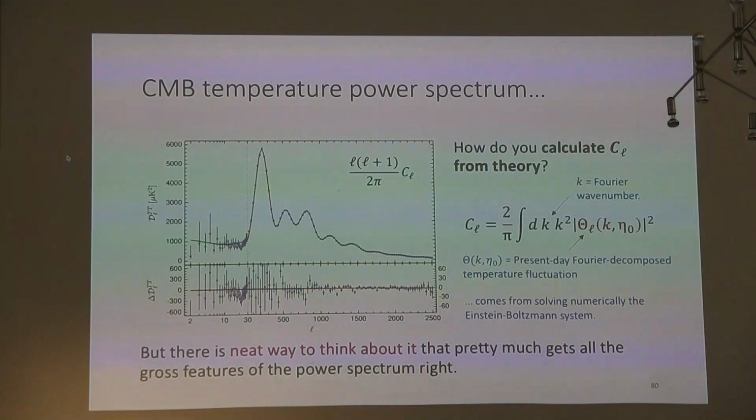Okay, and if you want a precise prediction for this theta_l, you need to run CAMB or CLASS. That's what these codes are for, to solve that enormous set of equations that I attempted to derive, to an extent, also in the past week. However, as it turns out, there's actually a neat way to think about the CMB sky so that you get more or less the power spectrum right without actually doing the full calculation. Okay? And so that's what I will do today.